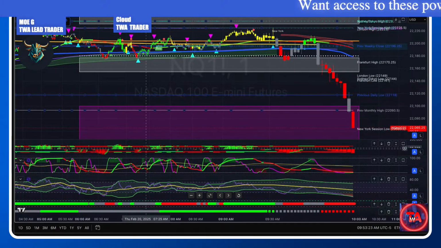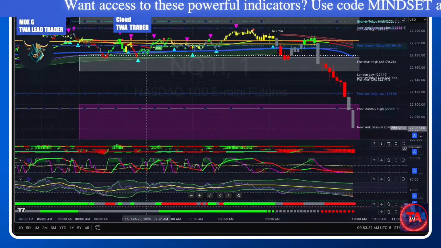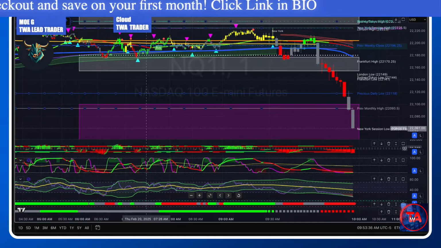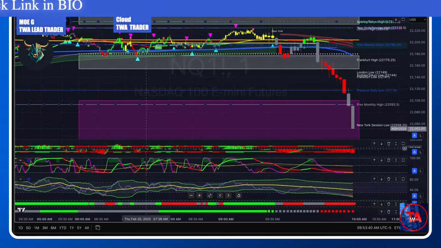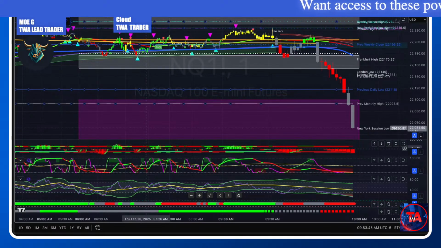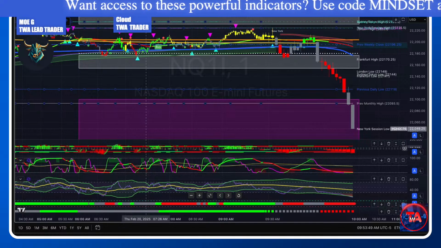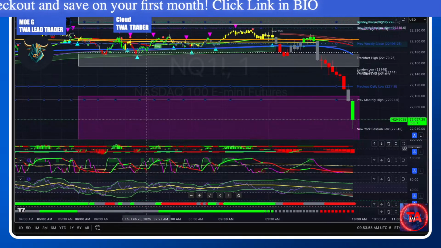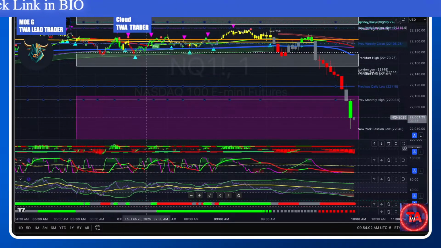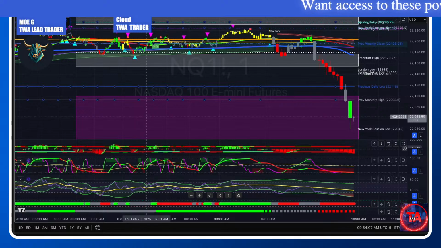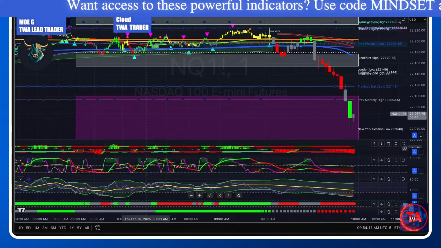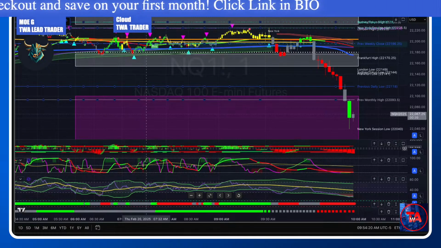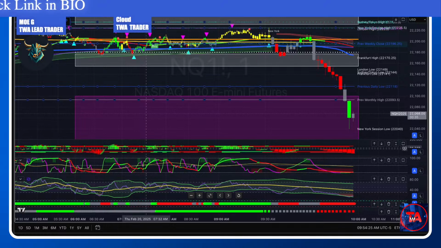Wow. I got that 40 level. Secure 25 points.